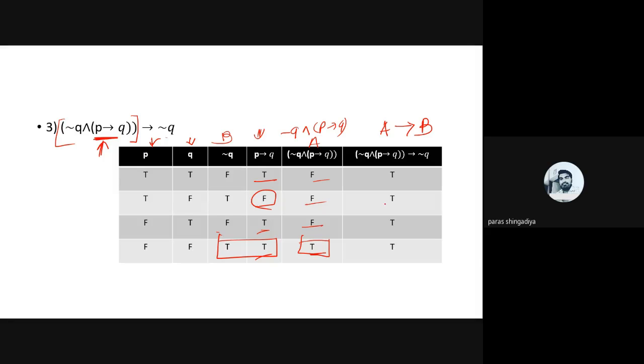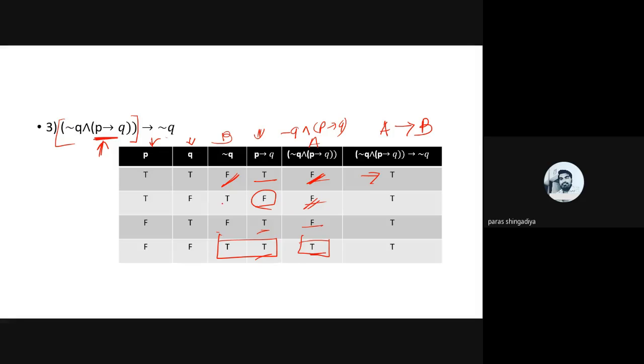And now evaluate the answer using the conditional operator. A means the first statement, this is our first column A, and we'll apply this value to B. B means negation q. So first is false, and here it is also false, so F to F, it will become T. Done.